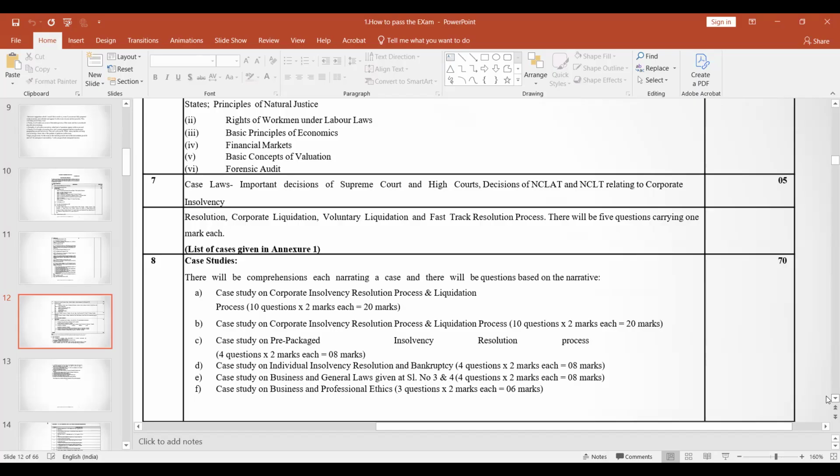Like CIRP is one of the processes, liquidation, voluntary liquidation, pre-pack, fast track, fresh start, individual insolvency, bankruptcy. These are the various processes. On either of these processes, they may frame a case study. They will give you a particular situation and they want to test basically.